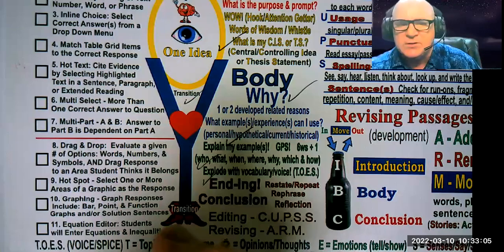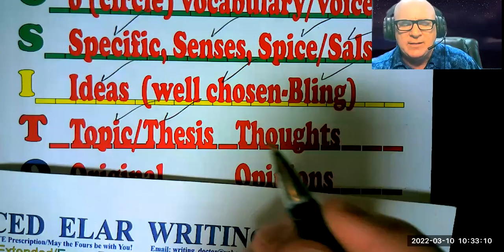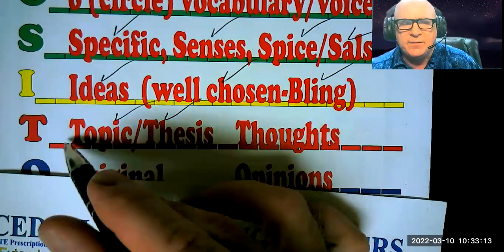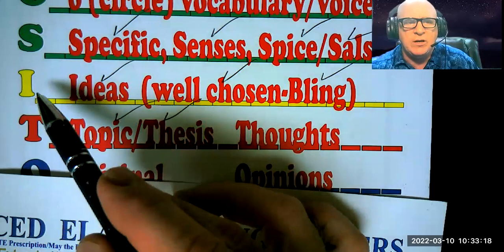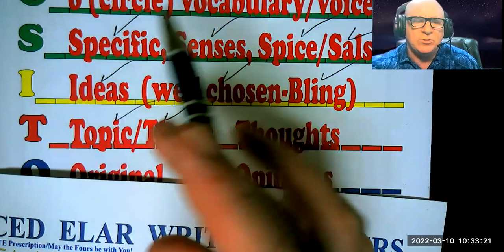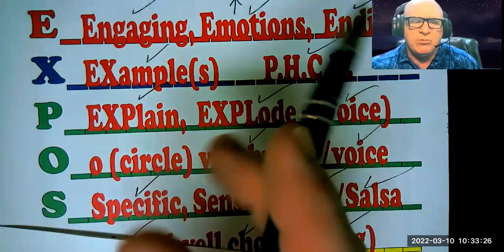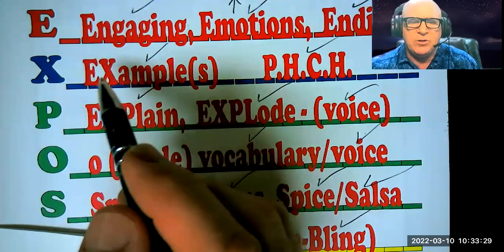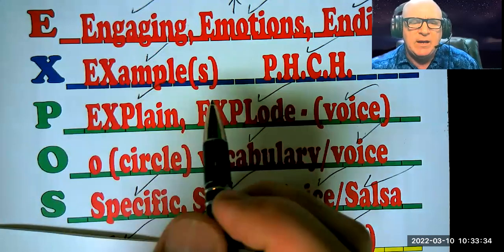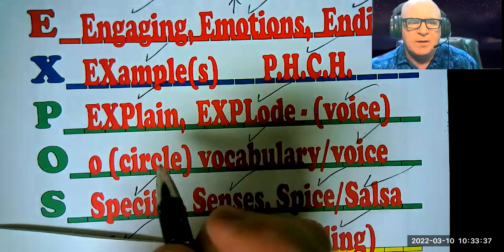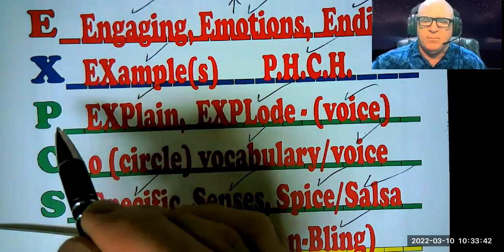We talked about the topic, that they have to be clearly connected, the red light, the yellow light, the idea, meaning the thesis or the central idea or the controlling idea, and then you turn it blue by giving examples and reasons. You turn it green by explaining. You turn it greener or greenish by exploding with higher vocabulary and voice, and by making your examples and your explanation more specific. Okay, and all that is straight from the front page.